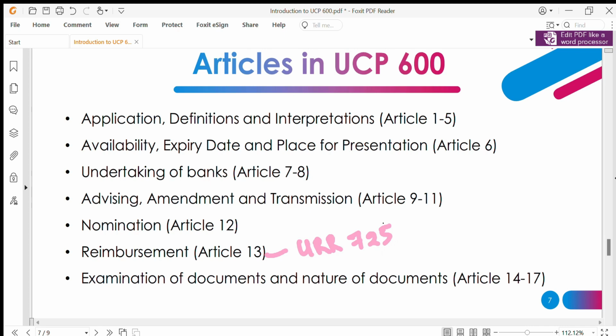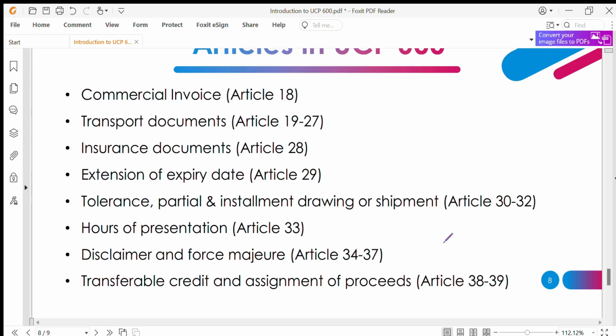Articles 14 to 17 talk about how documents need to be examined and what the nature of the documents involved is. Article 18 specifically talks about the commercial invoice, how it needs to be submitted, what the essential aspects of an invoice are, what needs to be there and what need not be disclosed.